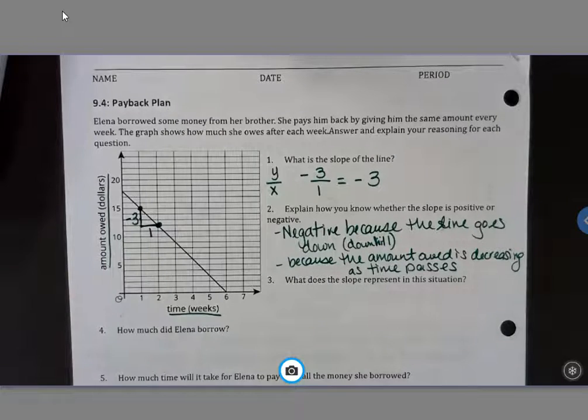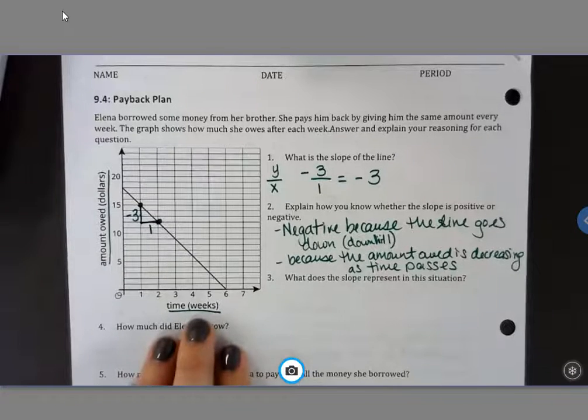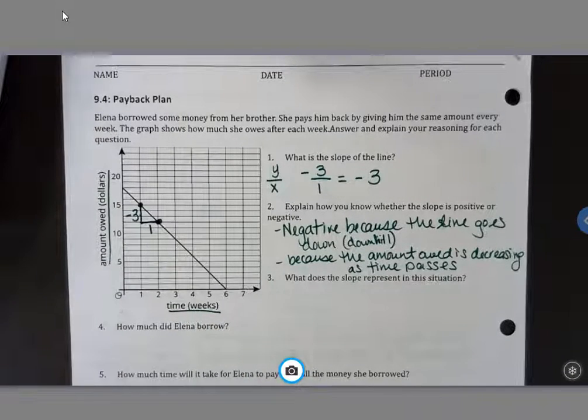So what do you guys think that the negative 3, what do you think the slope represents for this situation? So this situation is talking about amount owed in dollars over time in weeks. So we explain slope the same way as we did before. We got to use those key words of per, each, every.